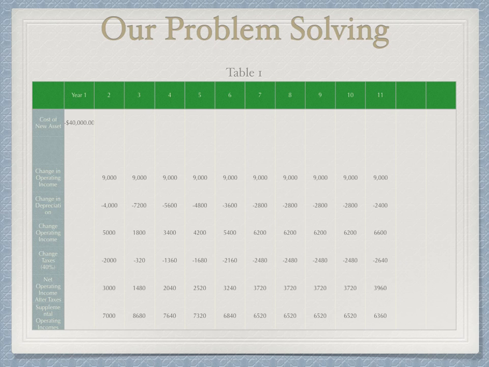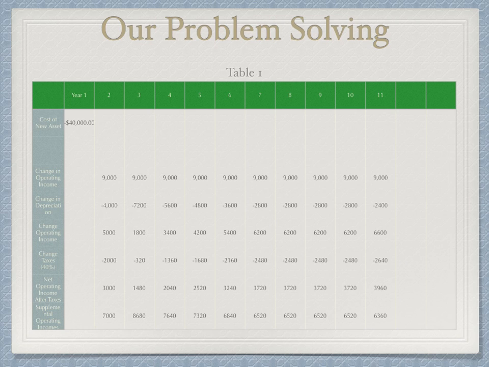This we used the table in our textbook on page 546. We assume that we are using the graph of the 10-year life of a piece of machinery, and use the percentage rates to calculate the change in depreciation. We are then taking the change in operating income and the change in the depreciation and coming up with our results. As you can see, year 1, $5,000, year 2, $1,800, etc.